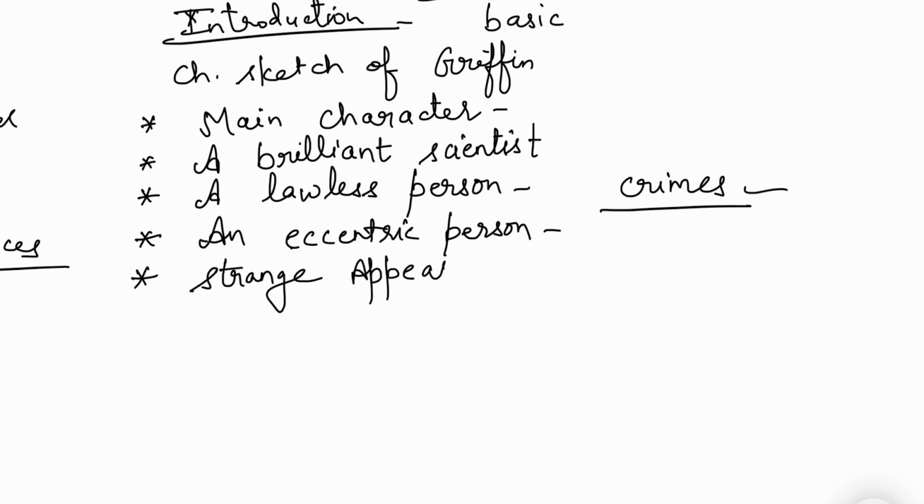Griffin was strange in his appearance. He had covered himself from head to toe. You can mention all the accessories he was carrying. He used to wear an overcoat, gloves, shoes, hat, false mustaches, a pink false nose, and glasses and bandages on his forehead, to cover his face completely.